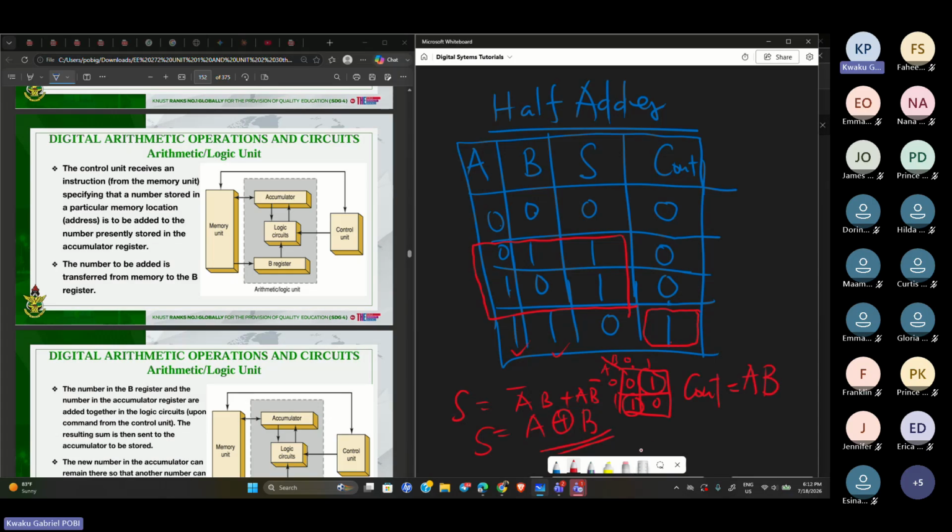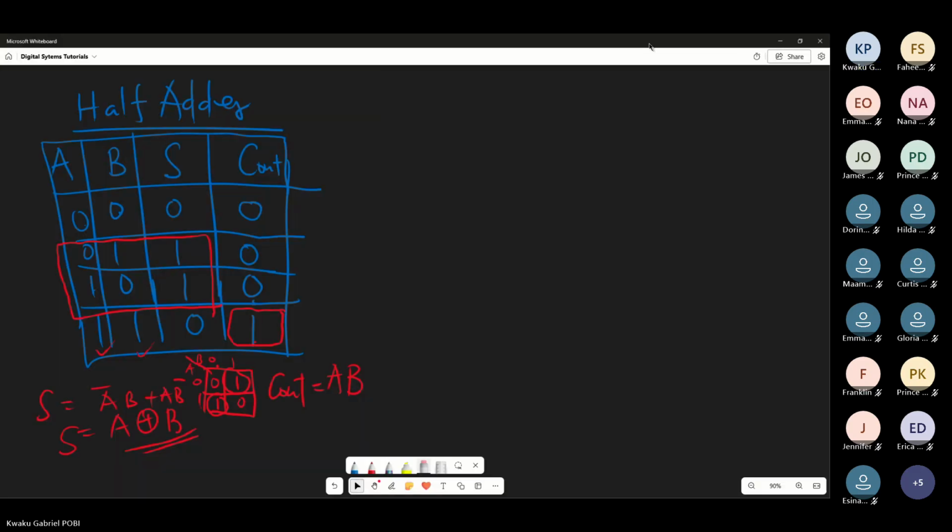So with this, we can have a circuit, which would actually look like this. Let me zoom in so that I can be writing here too.